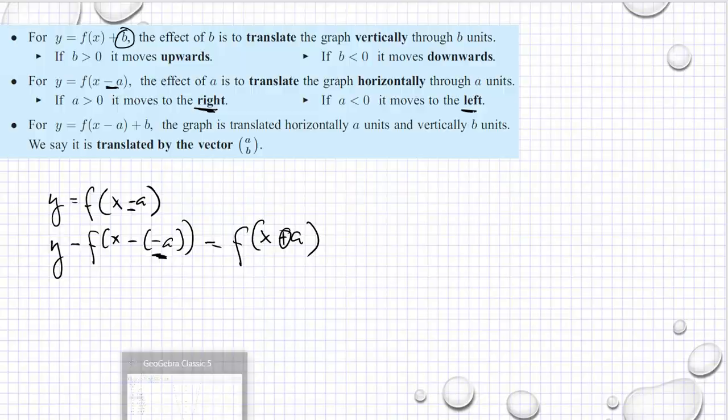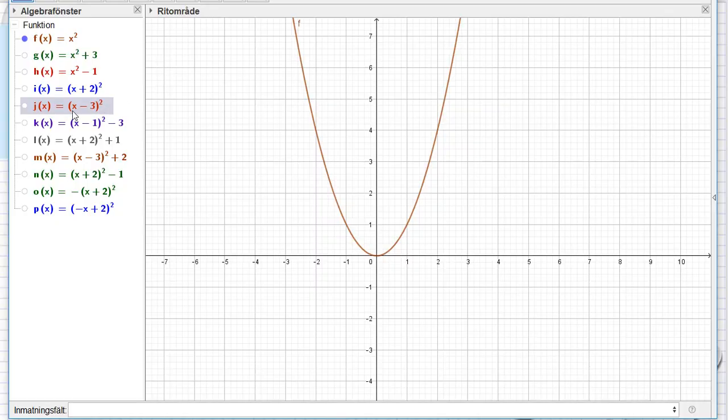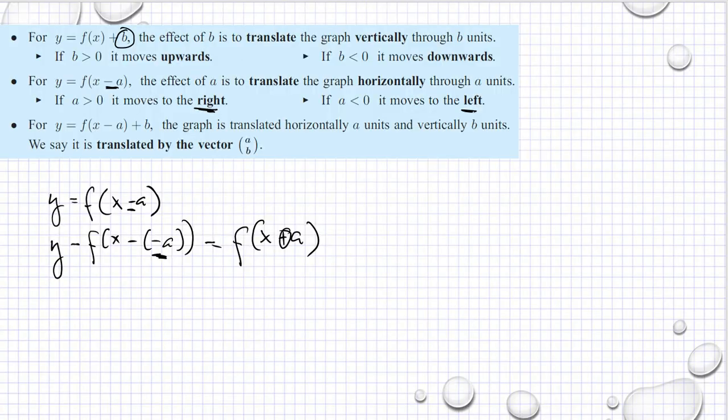Let's go back to our example here. We have x minus a, x minus a, and x plus a. If it's x plus a, then we go to the left. And if it's x minus a, to the right. Let's see.